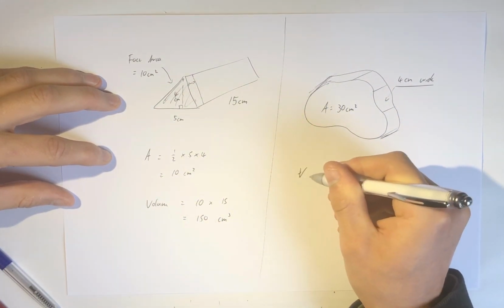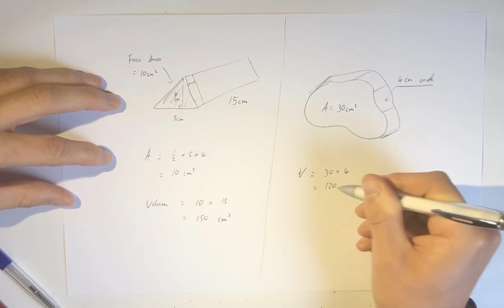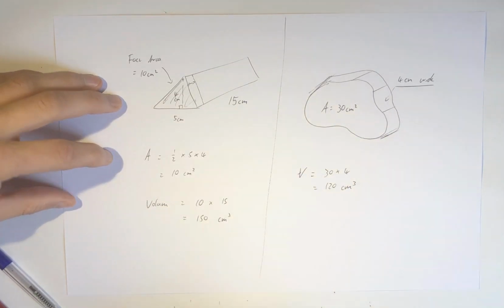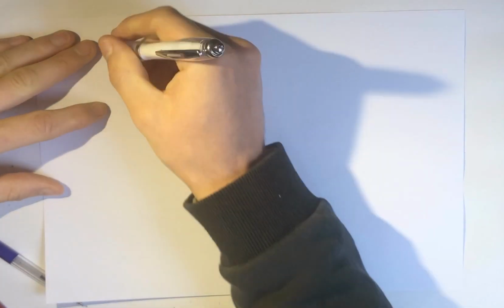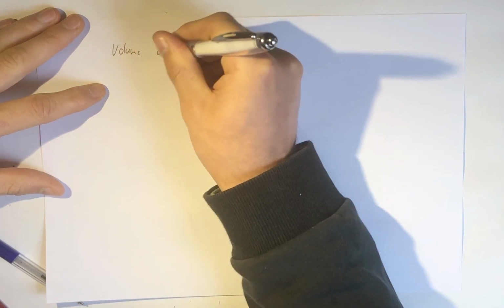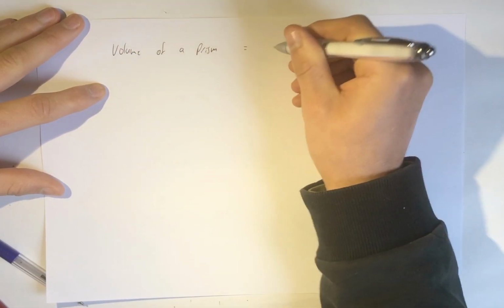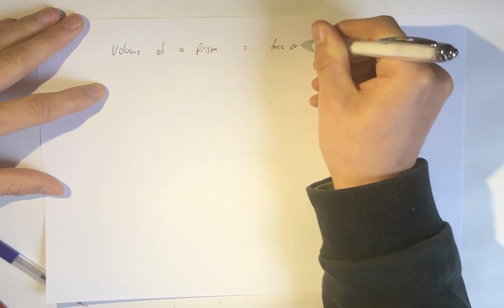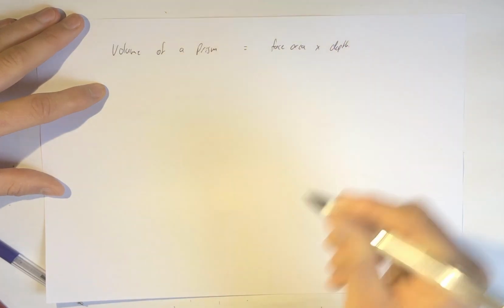So volume would be 30 by 4, 120 centimeters cubed. Okay, so we've gone all the way through, and we can say now that the volume of a prism, well, that's a face area times depth.